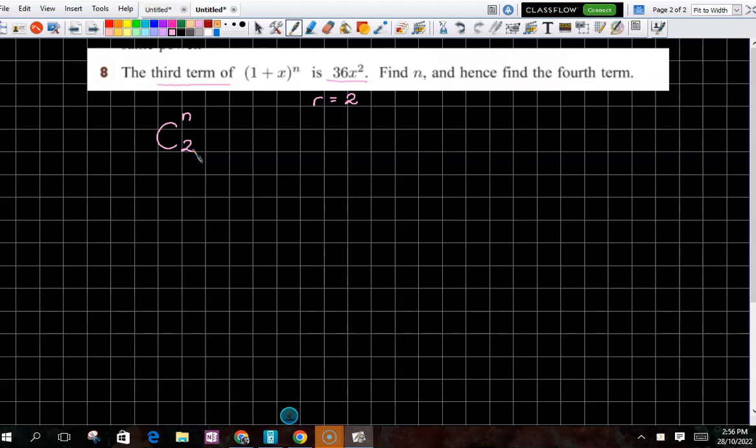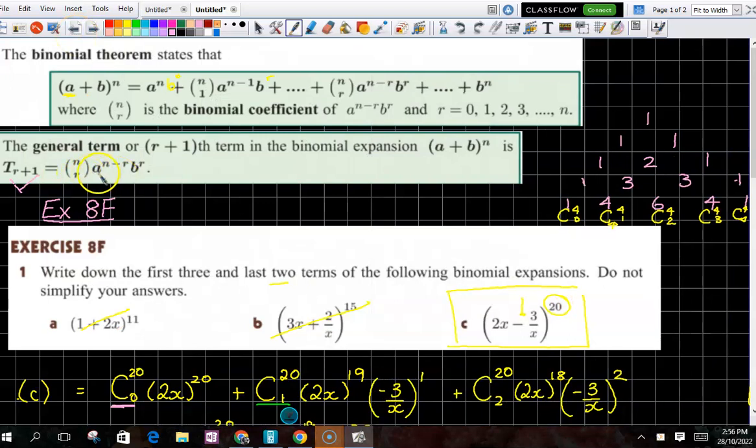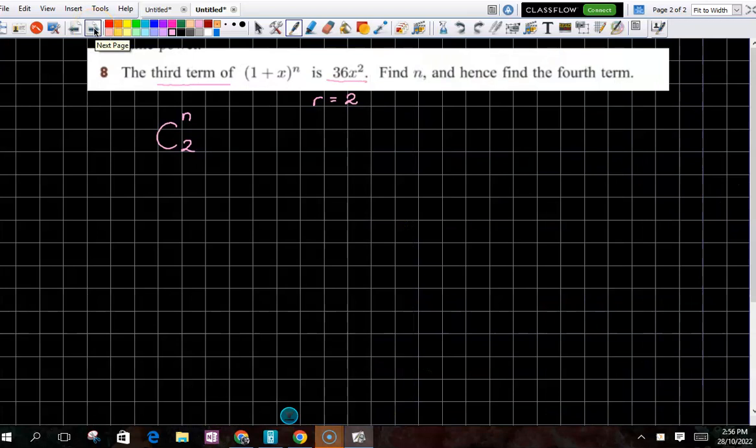Happy? Tom, you said you didn't do this one, so you're looking this way. What am I going to do next? Do I need to have your formula here? So you should have this in front of you. What comes next? A, which is your first term, and we're going to take that to n take r. Okay, what's my first term?